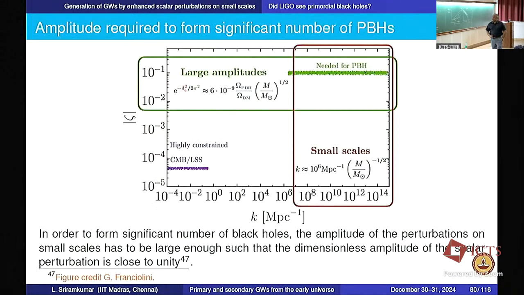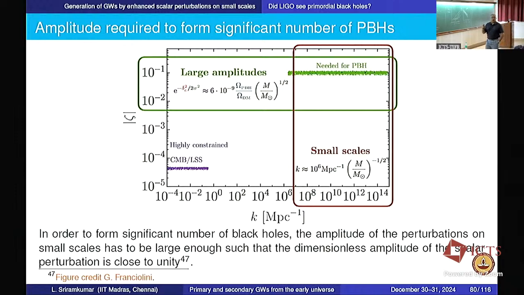In other words, what you need is as follows. This is something like R_k instead of the power spectrum. I indicated that the power spectrum is like 10^-9. You take the square root, and it is somewhere between 10^-5 and 10^-4. This is the amplitude of the primordial curvature perturbation in dimensionless units on CMB scales, on the large scales of about 10^-4 to about 1 megaparsec inverse.